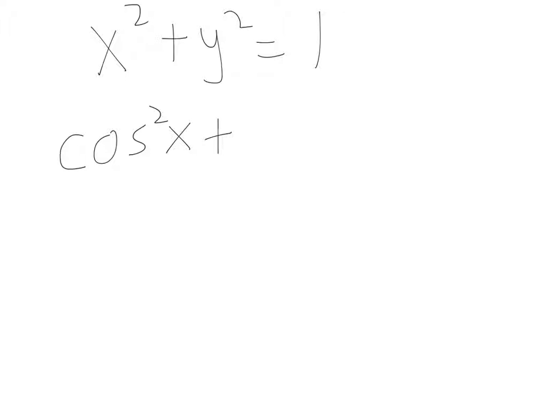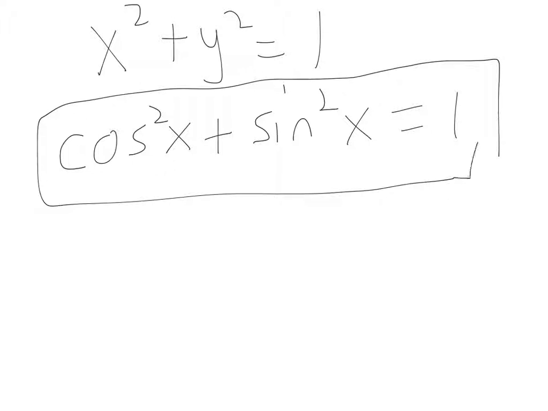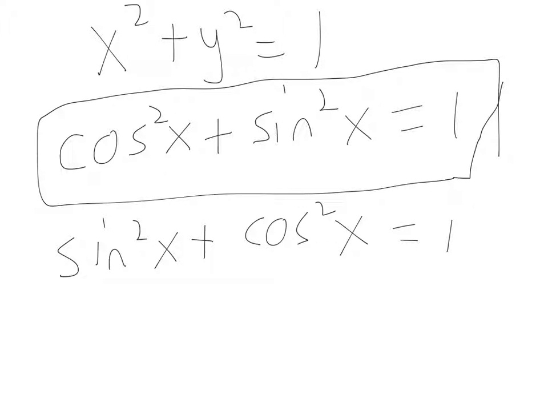Instead of y squared, you could write sine squared. So you may remember this identity, cosine squared plus sine squared is equal to 1. You may see it written as sine squared plus cosine squared is equal to 1. They mean the same thing.